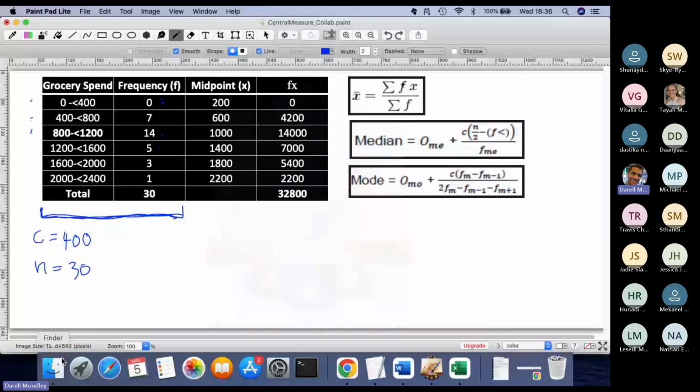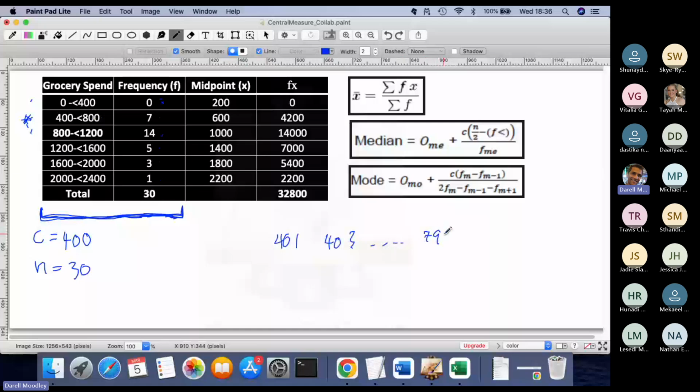Now, we don't know the exact amount that people are spending. For instance, if you look at the second interval, we know 7 people spend between 400 and 800, but we don't know the exact amounts. The first person could spend 401, the next person could spend 403, all the way to the last person, who could spend nothing more than 800.